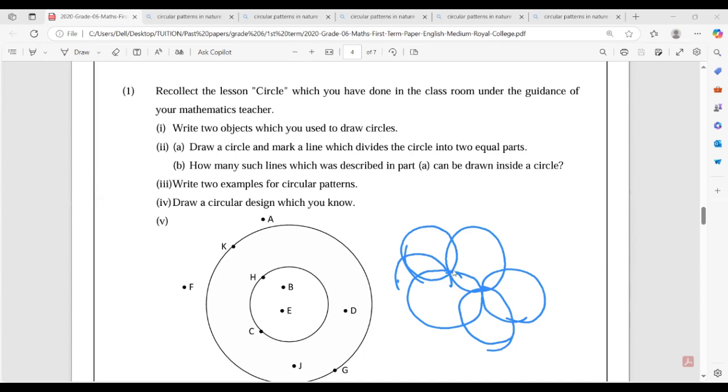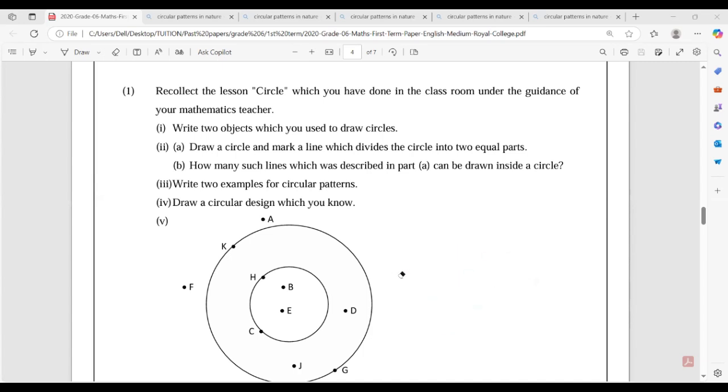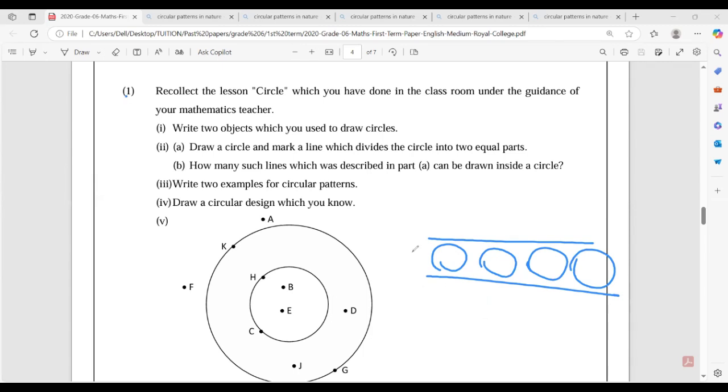And also you can use some simple designs. Actually, these are circular designs. Okay. So you have something like this, and then this is also a circular design, right? So you can use this kind of thing as circular designs, right?